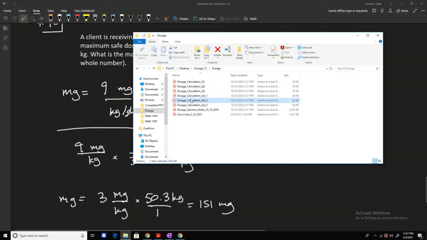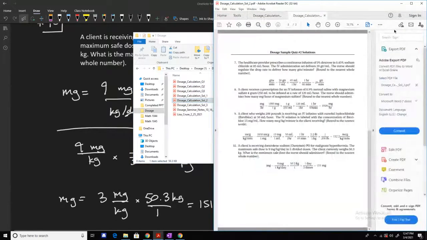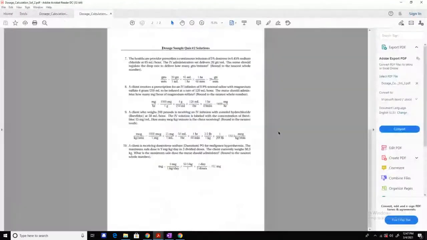So for instance, the quiz we just went over, I've typed out all the solutions, and they're also in the same exact order that I would do them, right? So we see 151 there, 132.2. They're all in pretty much the same order that I do them. So the way I've told you today, you're going to see them there too.